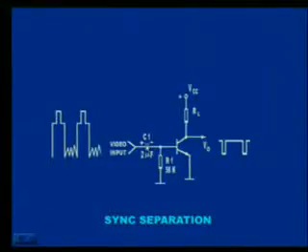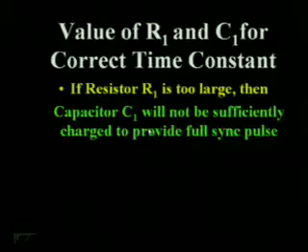This resistance and capacitance, which have formed the time constant of 0.11 second, will satisfy the requirement of sink separation. What should be the value of these resistance and capacitance for the correct time constant? If the value of resistance is too large, it will not allow the capacitance to fully charge.